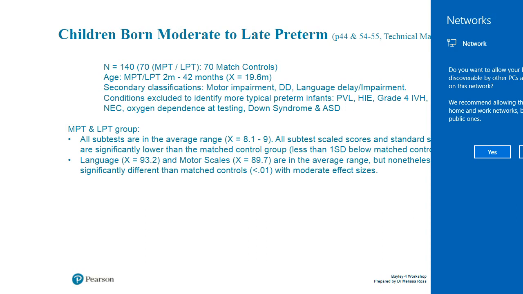Language and motor scales were also in the average range, but nonetheless significantly different than matched controls, with moderate effect sizes. Keep in mind that this represents a more typical group of moderate to late preterm infants and excludes conditions that are often associated with poorer outcome.